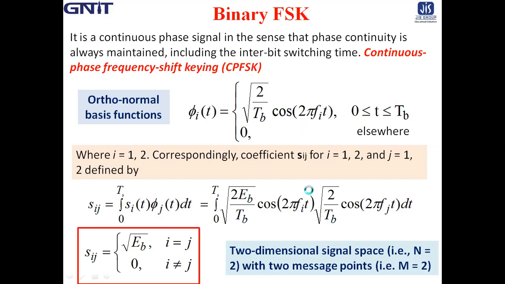So here the signal space is basically two-dimensional. That means N equal to 2, and there are two message points that exist. That means M equal to also 2. Then where is the message point?